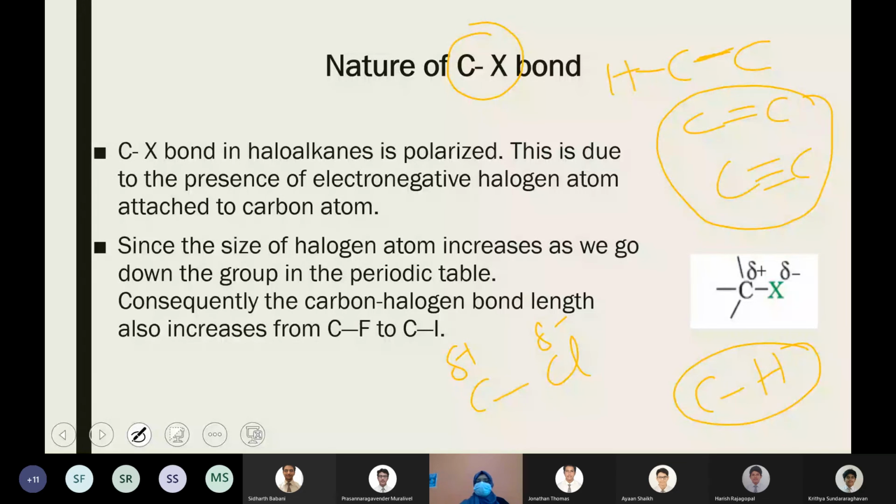That means these kinds of bonds are polarized, because of the difference in electronegativity of halogen and carbon. Because of this, many reactions are possible for haloalkanes and haloarenes. What is the advantage of being polarized?